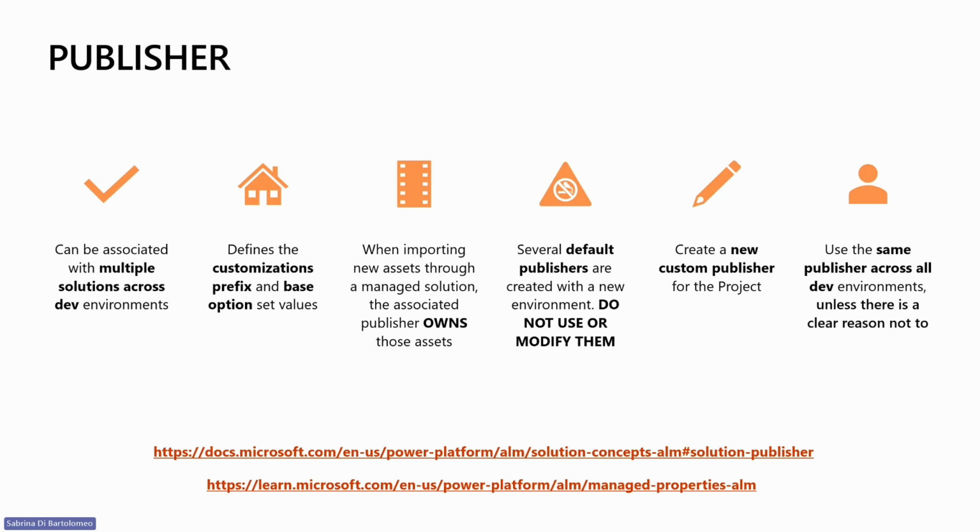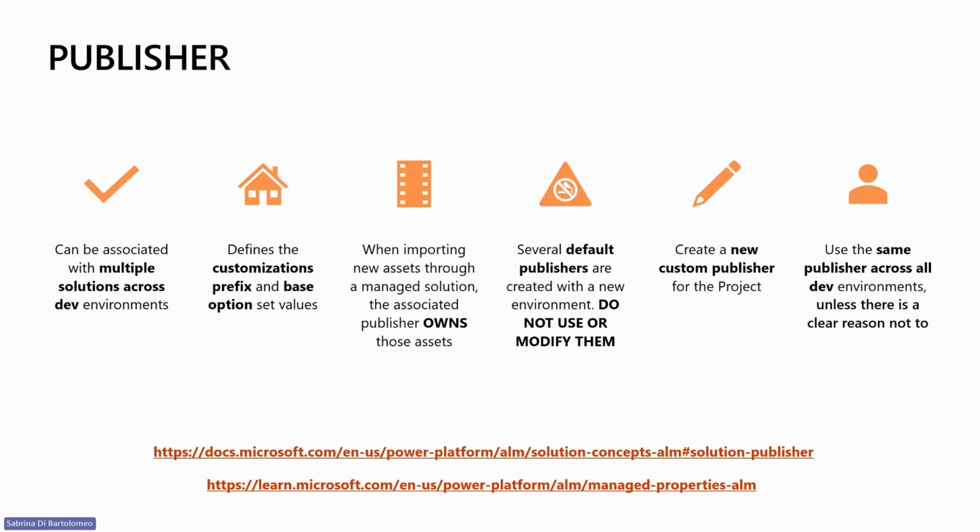Managed properties can be used to control which parts of a managed solution can be customized by another publisher. More info regarding managed properties is available in the documentation mentioned in this slide.